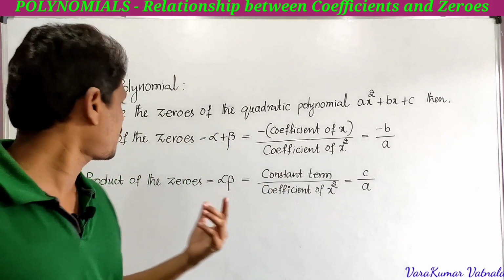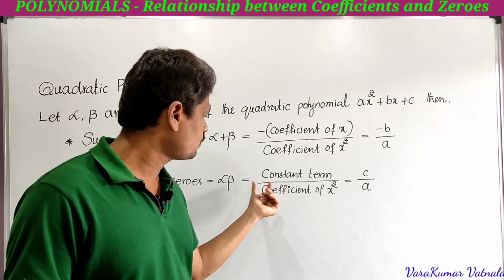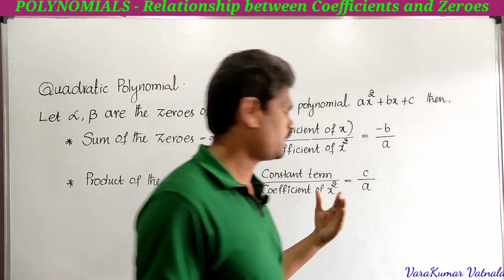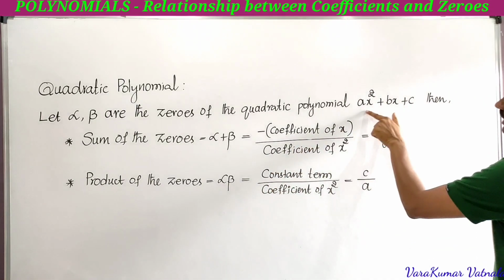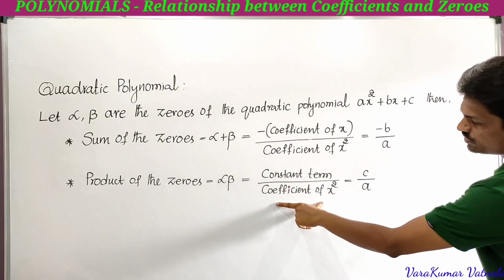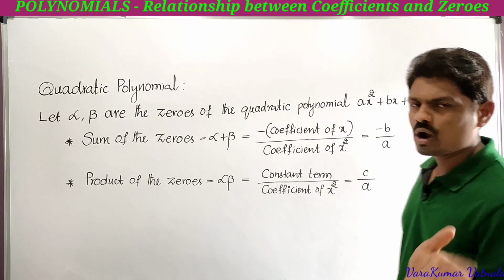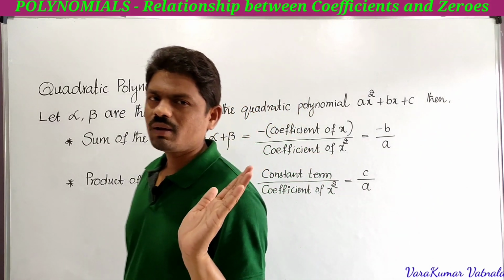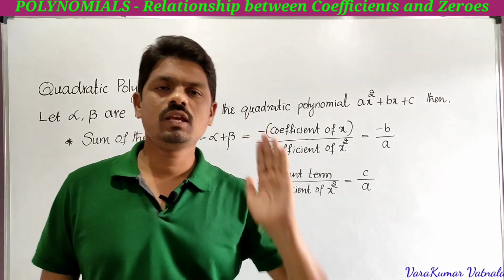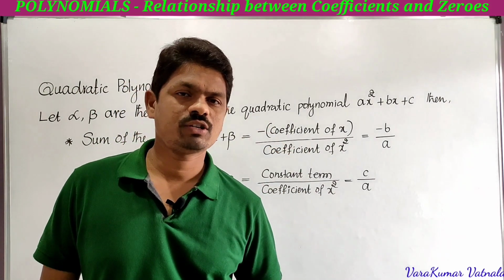In the same way, the product of the zeros, alpha into beta, is equal to the constant term divided by the coefficient of x square. So what is the constant term? c is the constant term, divided by the coefficient of x square, which is a again. So c by a. You have to remember that the product of the zeros, alpha into beta, is equal to c by a. c is the constant term, a is the coefficient of x square.